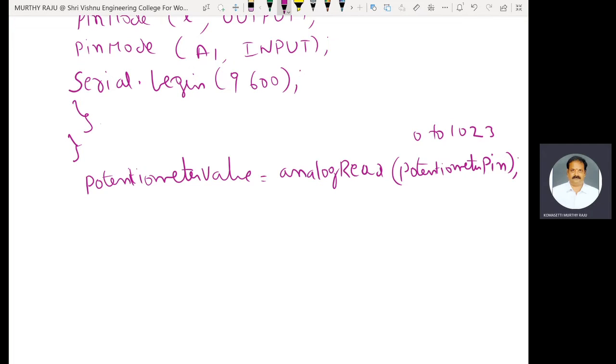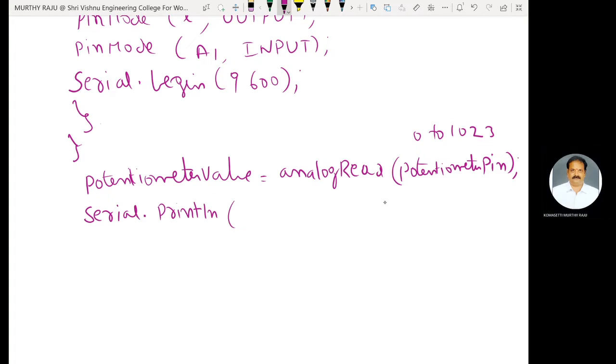These values are displayed by using the serial monitor with the help of this function, Serial.print. These potentiometer values are displayed, 0 to 1023, potentiometer value.